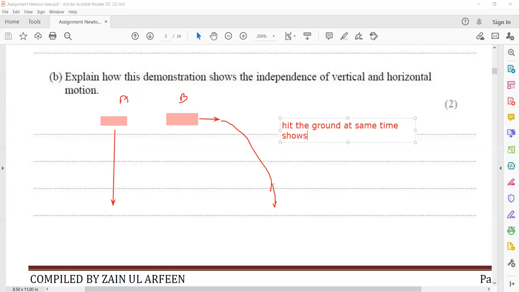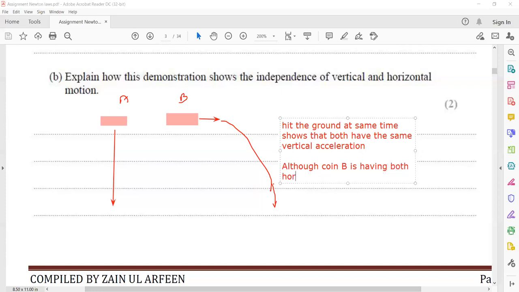This shows that both have the same vertical acceleration, and although coin B is having both horizontal and vertical components.